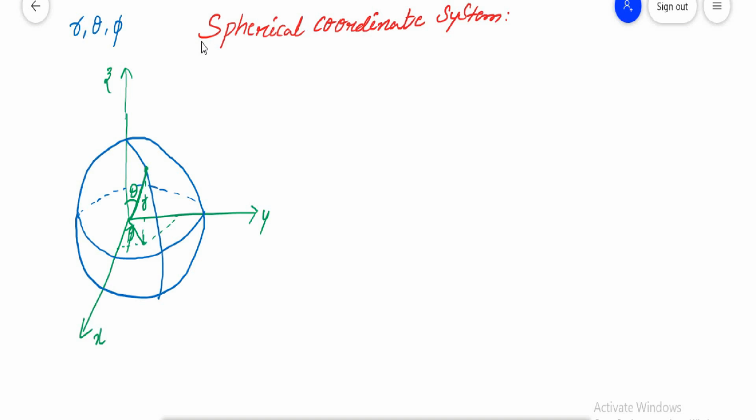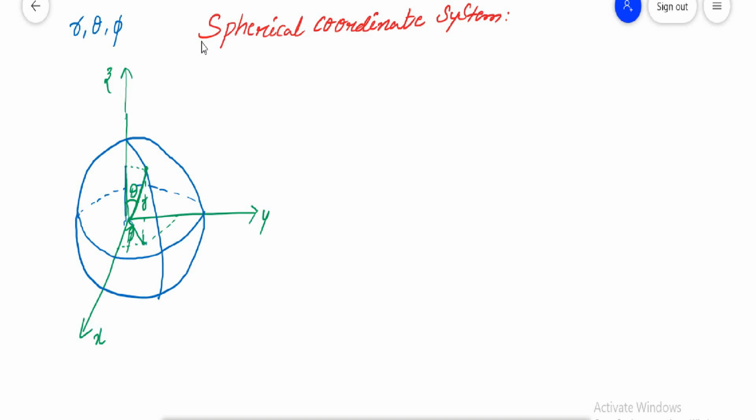Just extend this line. If you observe here, this line is parallel to this line, and this line is parallel to this projection line. Here this is a radius vector whose length is r.